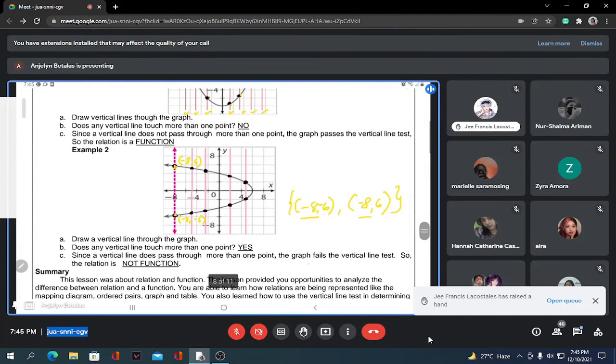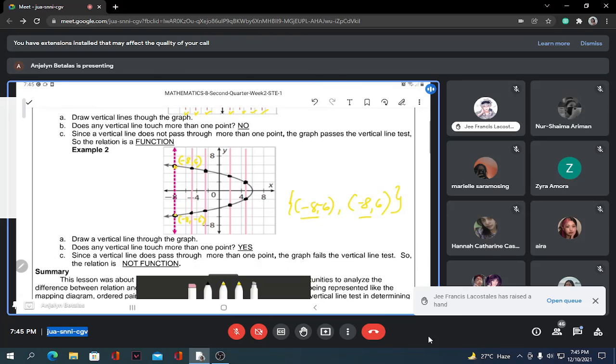Ako mo i-kuan i-test. Determine if the following is a function or not.